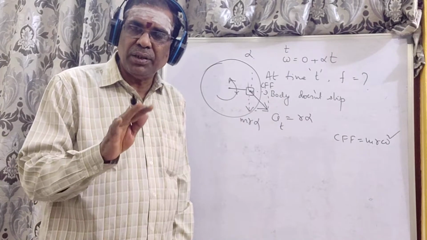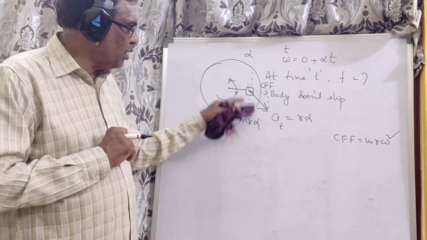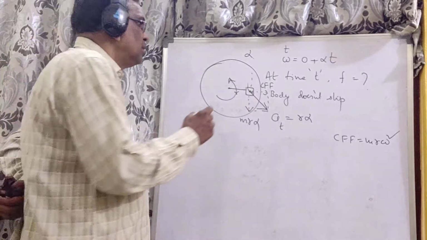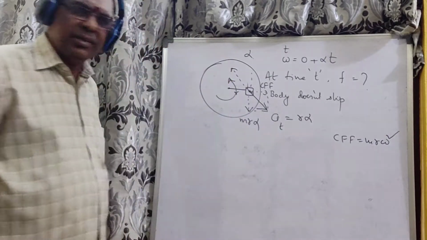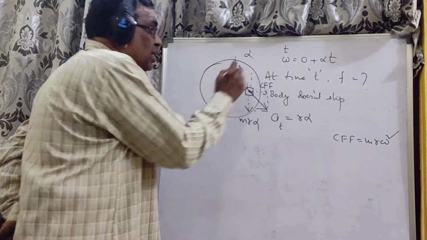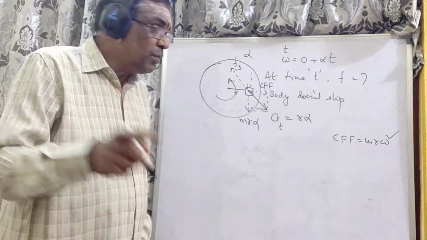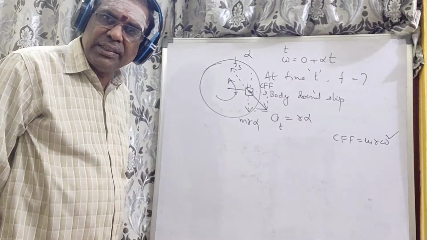I hope you are able to understand this. Right? Now the frictional force will be like this. Because it is not slipping, if alpha were 0, it could have been directed towards the center.